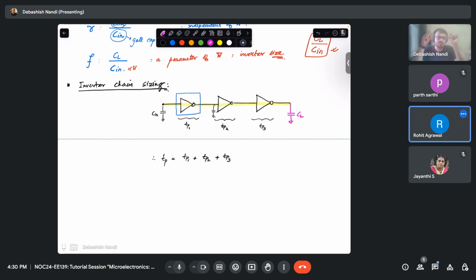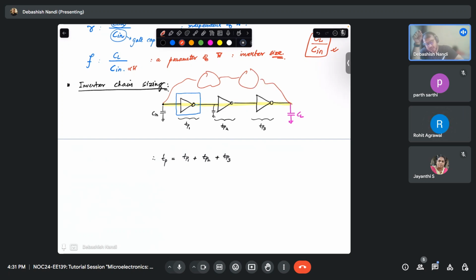The longest path to start a project and to finish a project is called a critical path. Similarly, in circuits you may have multiple branches, but the path that takes the longest delay is called the critical path. But in our case, we have only one path in the inverter chain, so we'll keep on adding the individual delays of the inverters.